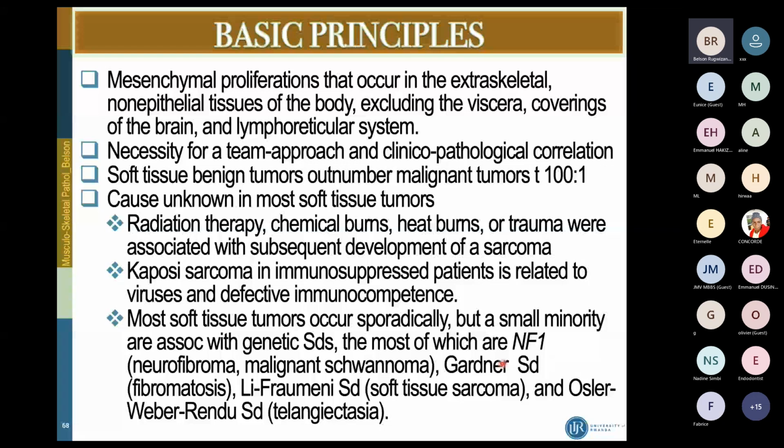Hejuru, so bamwe bagira exophyte cyangwa tugufa tugira amashami, banagira ibindi bibazo birimo nka fibromatosis, bagira fibroma nyinshi ku mubiri, kandi nk'uko twabibonye bakagira na polyps muri colon. Li-Fraumeni syndrome, they used to have soft tissue sarcomas, and Osler-Weber-Rendu syndrome, they developed telangiectasia. This is the malformation of the vessels.